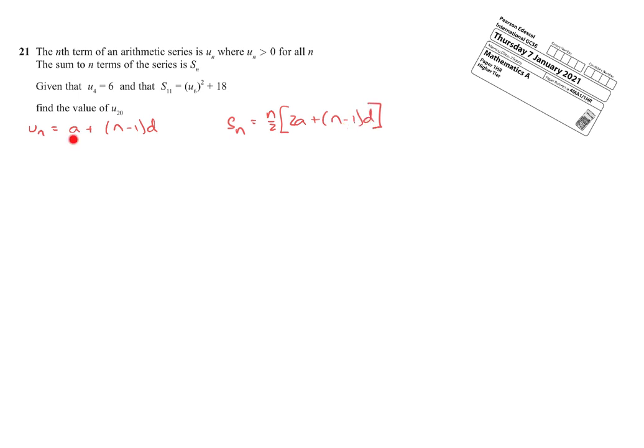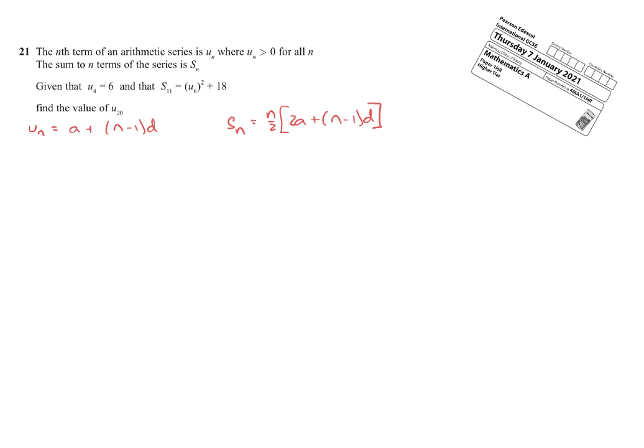And if you see, there's a similarity between the nth term and this part of the sum to n terms. The only difference being that this is nth term plus a, that's where the 2a comes from, and then the whole thing's multiplied by n over 2. So it can be a useful way of trying to remember what the nth term is.